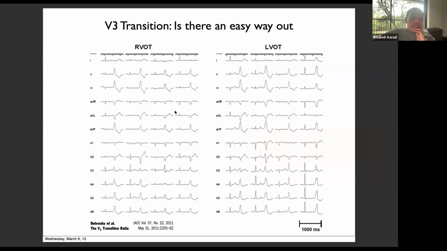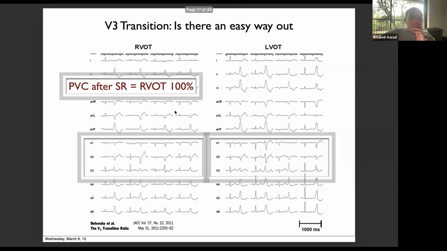So the key here is if you're transitioning after V3 it's RVOT, before V3 it's LVOT, but V3 is a problem. V3 is really difficult to make sense of. And so for a V3 transition PVC, let's say, and again, when we talk about that transition concept, you also want to make sure that we understand that we're comparing that to sinus rhythm.